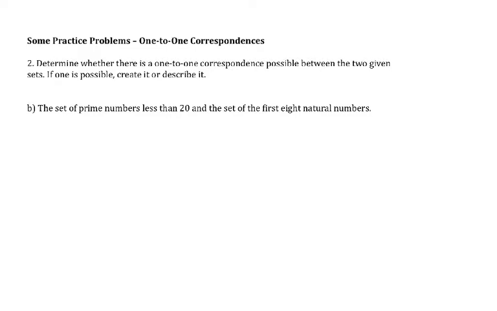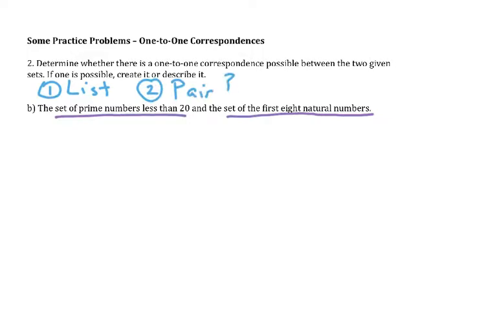Example number 2 says we want to look at the set of prime numbers less than 20 and the set of the first 8 natural numbers. So what I'm going to do is list and then try to pair. So the prime numbers less than 20, I'll call that the set A. And I think we might need a little more room, so let me write a little smaller.